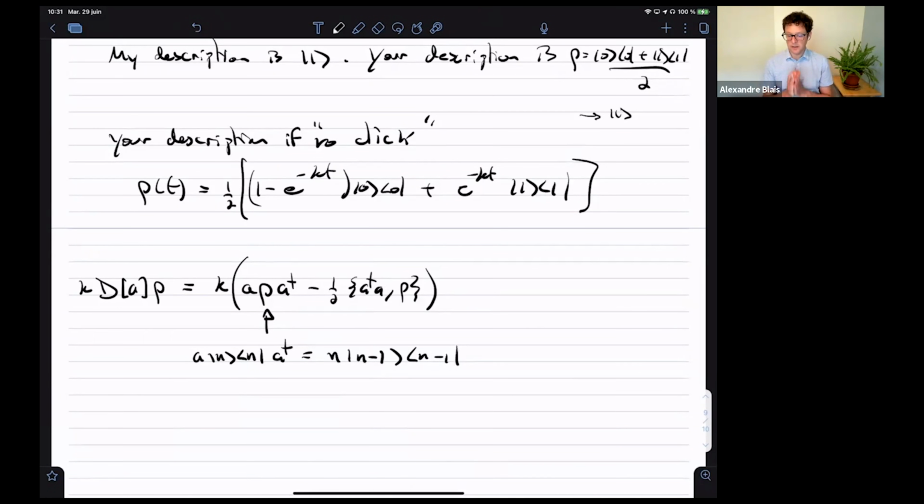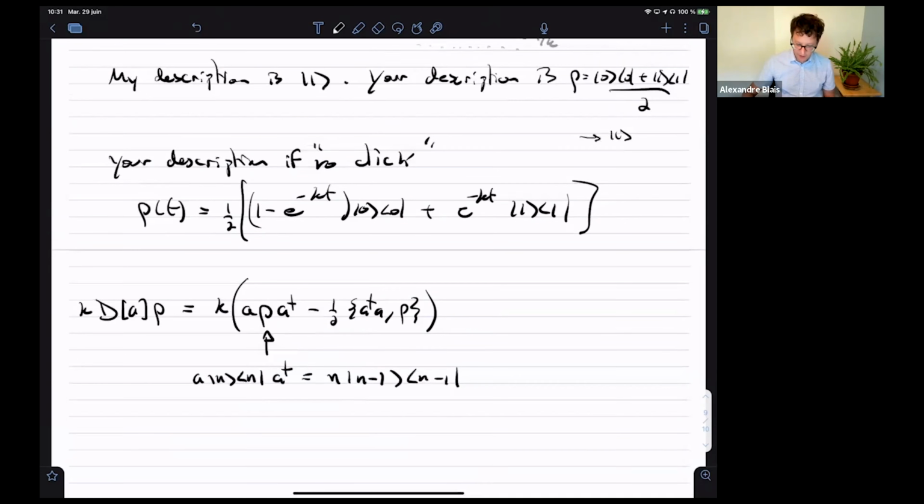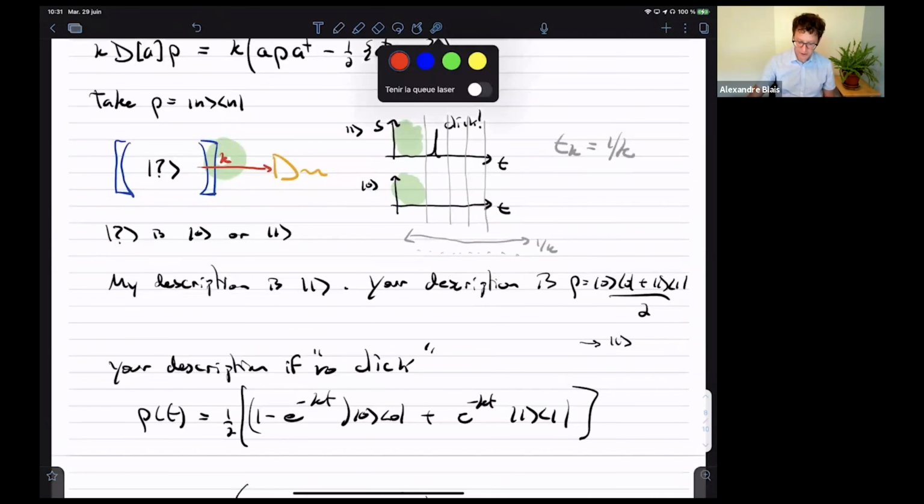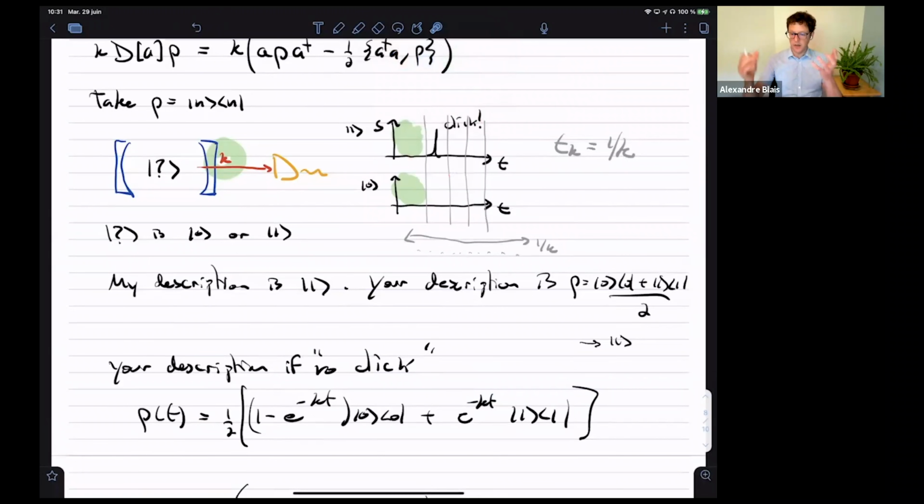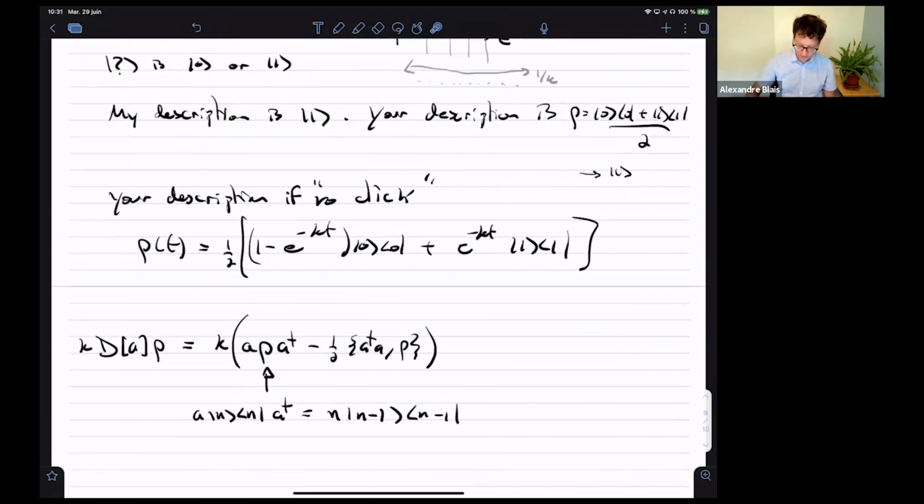So what does that describe? That describes the first version of the experiment where there was a click. There was a photon loss, you saw it. So this describes a jump. That describes a quantum jump of the system, something that you will observe with a click. So that's the jump part of the evolution. When there's a photon, it will eventually leak out.